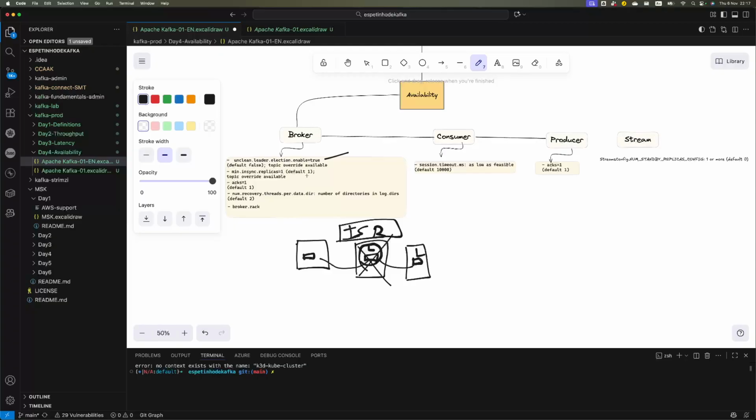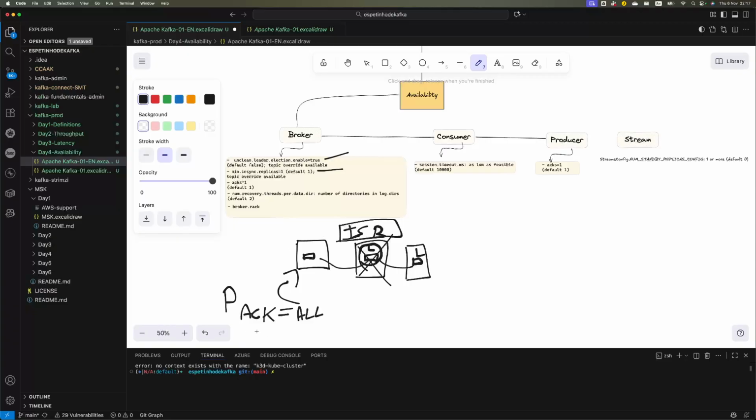This way, for example, if you have a producer and it sets acks equal to all, it doesn't matter, because your min.insync.replicas is 1.